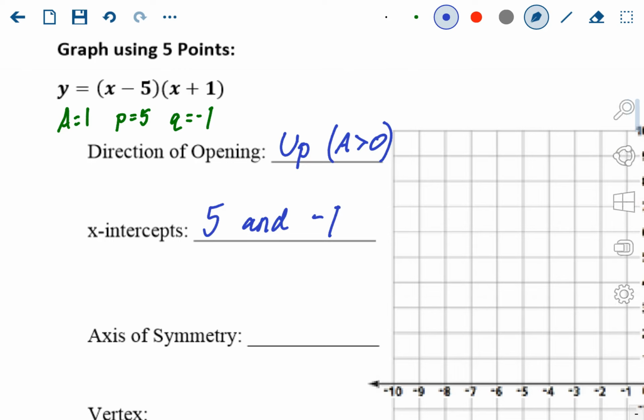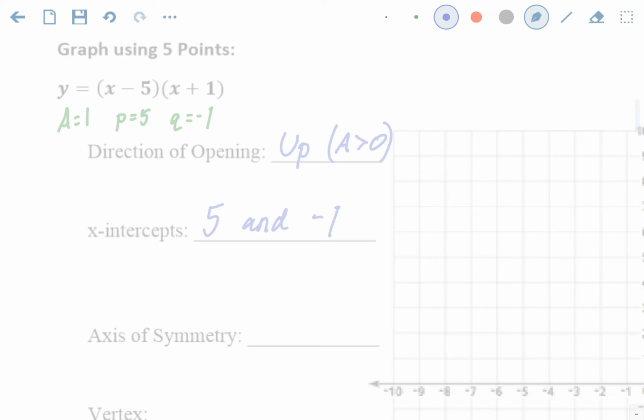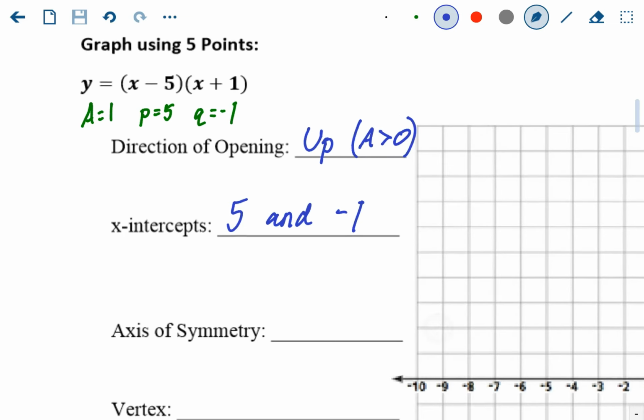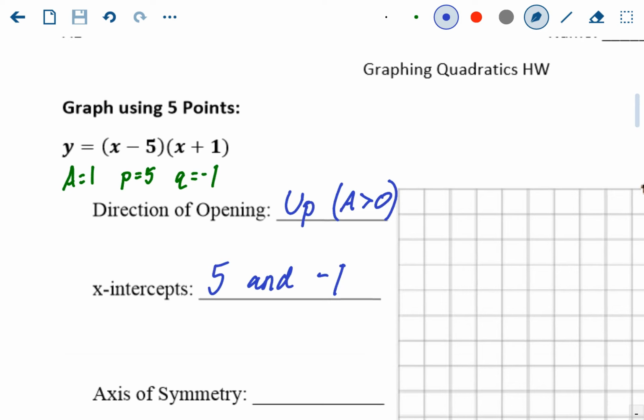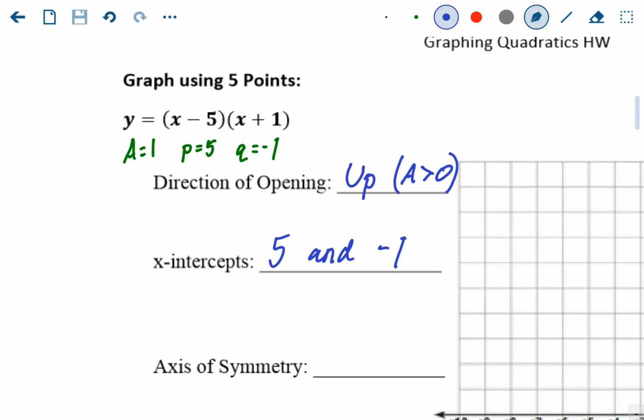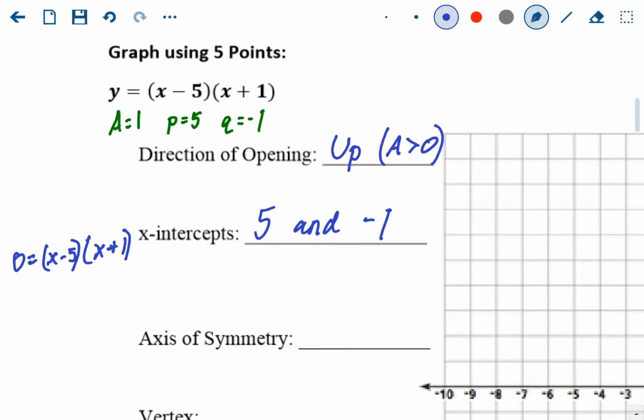Now again, it all comes from the zero product property. The x-intercepts occur when y is 0, and if you set y equals 0, then if those two things multiplied together have to equal 0, one of them has to become 0. One of the x values has to make one of those binomials equal 0. So that's where that comes from.